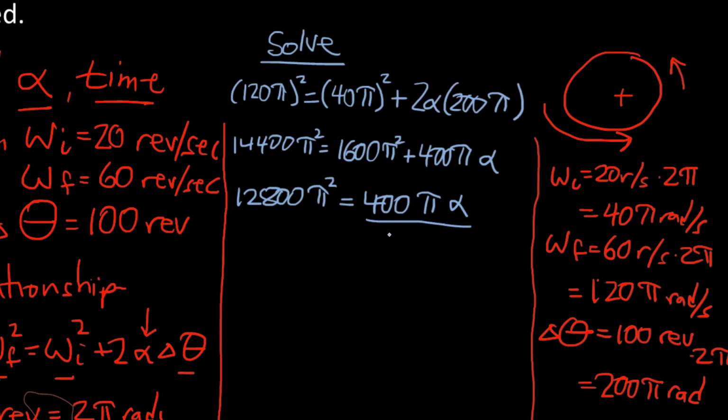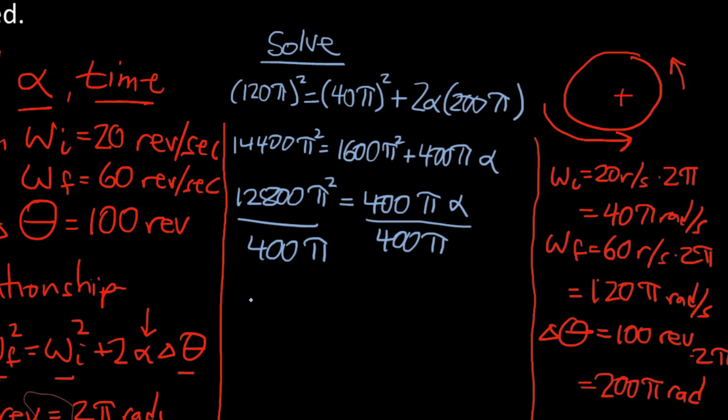So let's divide each side by 400 pi, at least if my math is right. 12,800 divided by 400, what do I got?